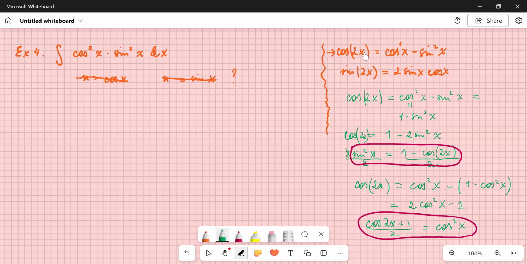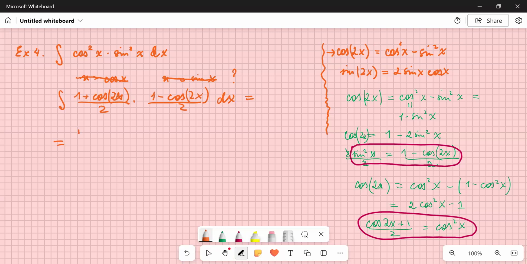So what I'm going to do, guys, I'm going to use both of these formulas to change these powers into something smaller. Instead of cosine squared, I'm going to write 1 plus cosine of 2x over 2. Instead of sine squared, I'm going to write 1 minus cosine of 2x over 2. So cosine has plus, sine has minus.